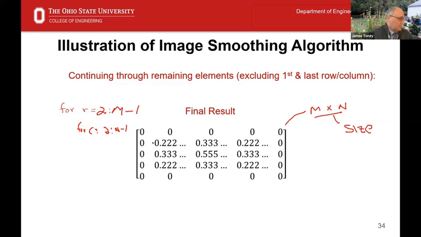So row is 2, column goes from 2, 3, 4. And then the outer loop increments, and now row becomes 3, and column again goes 2, 3, 4. Then row becomes 4, and column is 2, 3, 4. All right, so it goes through all columns for each row. So we're going across each row. And if you reverse the order of the two loops, it would go down columns instead of across rows.